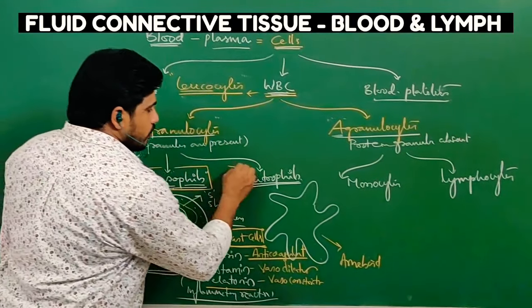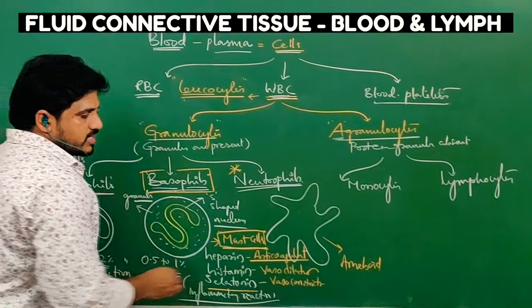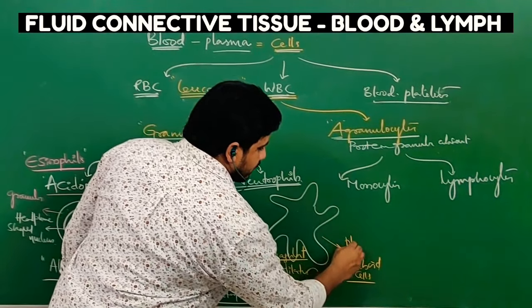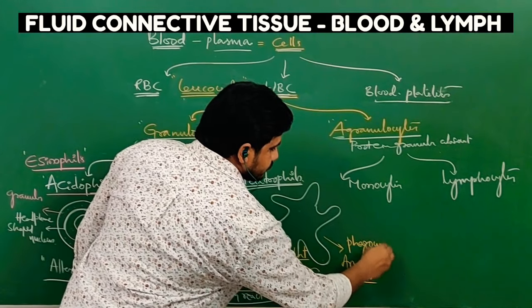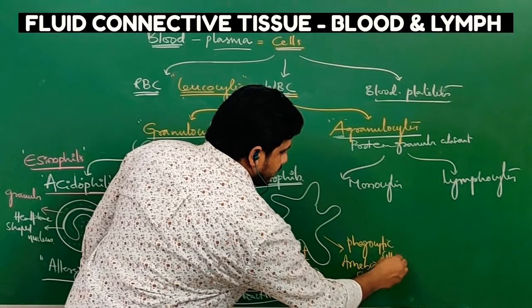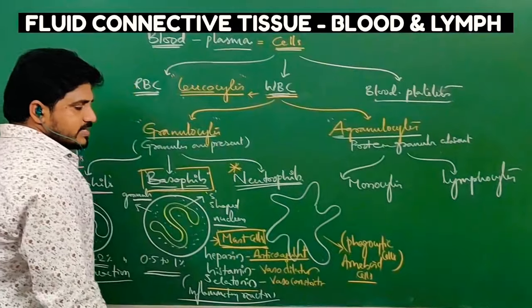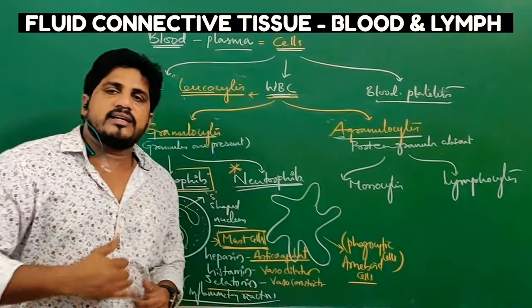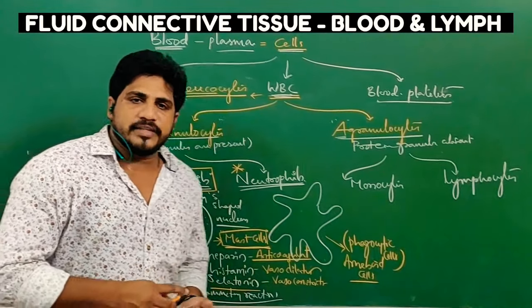In granulocytes, only neutrophils do. That's why they are called amoeboid cells. They are also called phagocytic cells.